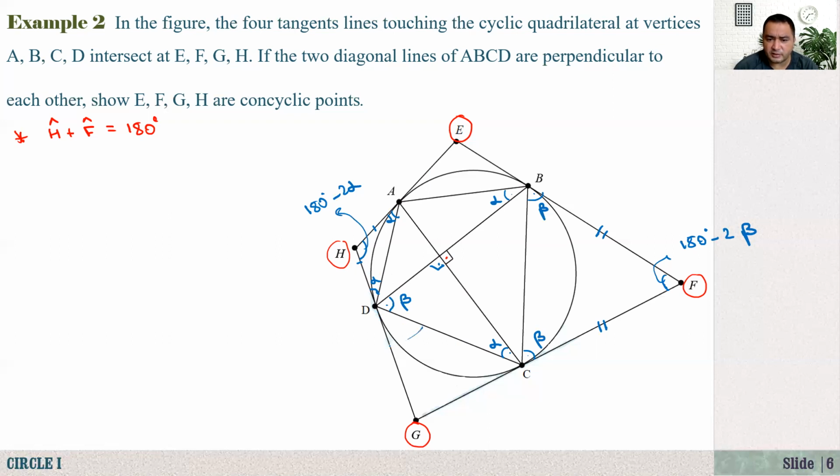From this triangle, alpha plus beta is equal to 90 degrees.